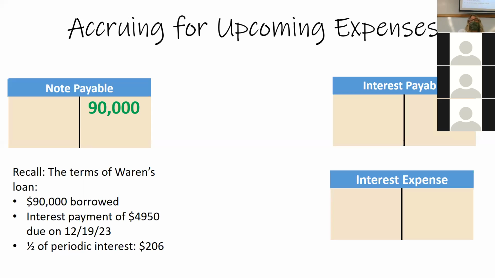Then at the end of the period, we would record a credit of $206.25, which is 1/2 of 1/12 of the annual interest, so it's 5/12 per month. And we're recording 1/2 month.